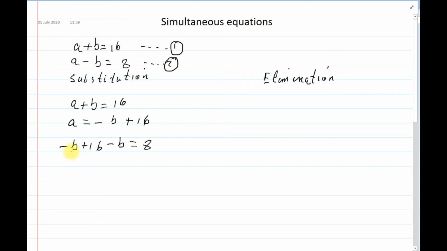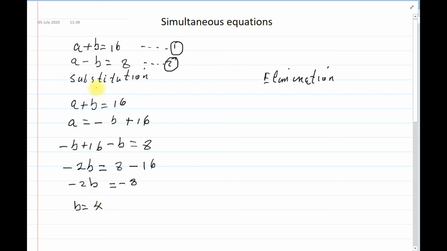So to solve this, I have minus b and minus b, I get minus 2b. This will be equal to, I'll move the 16 to the other side. That becomes 8. The 16 coming to the other side becomes minus 16. So this becomes minus 2b is equal to minus 8. And dividing both sides by minus 2, I get b is equal to 4.